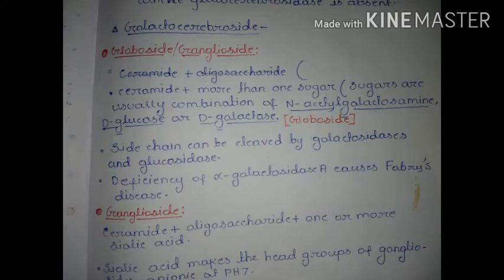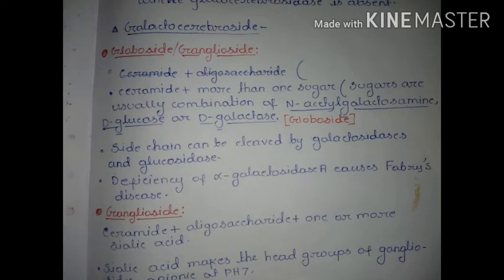First of all we have to know what a ganglioside is, because gangliosides take part in major functioning of our system, and it is an important component. So first, gangliosides are concentrated on cell surfaces.